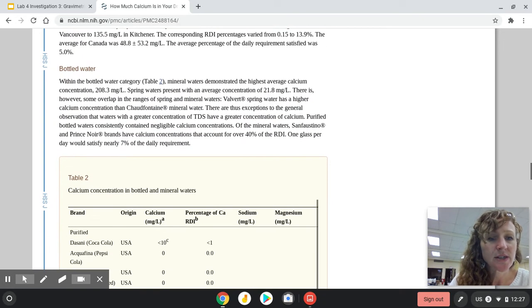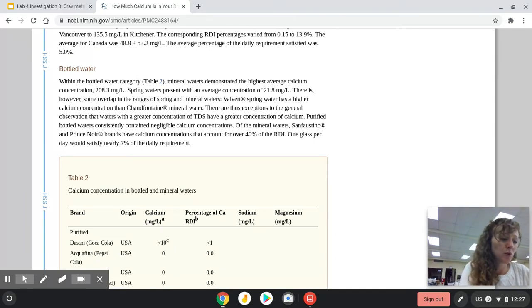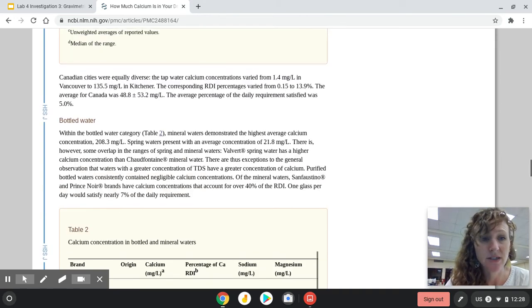Okay, here we go. So it shows here about how much calcium they found in water. So for bottled water, the highest average calcium is 208.3 milligrams per liter. Notice that they're measuring calcium in density because it's convenient for them, whereas we are going to usually measure calcium in molarity because that's convenient from a chemical reaction standpoint.